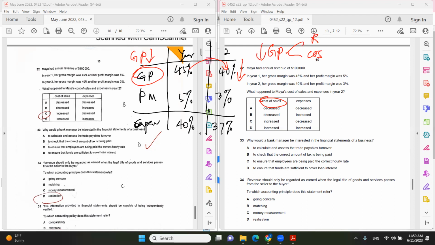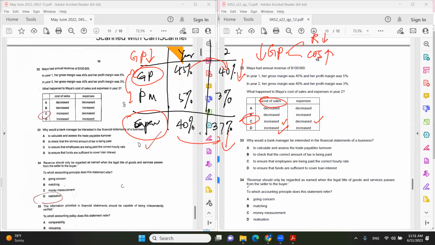A decrease means revenue decreased or cost of sales increased, two possible reasons. So in this case, cost of sales should be increased, not decreased. Whereas for expenses, we take these differences: you get 40 in year 1 and 37 in year 2. From 40 to 37 means it's decreasing. So the answer should be C.